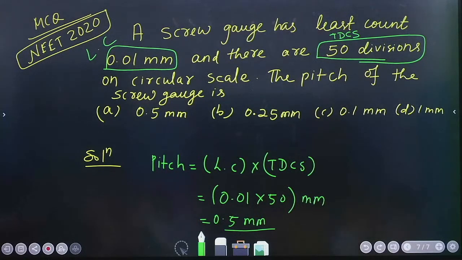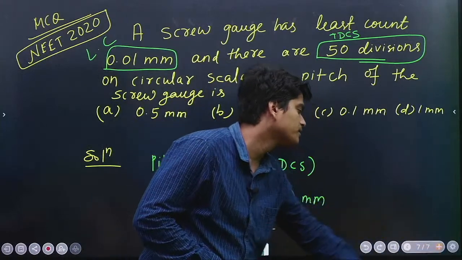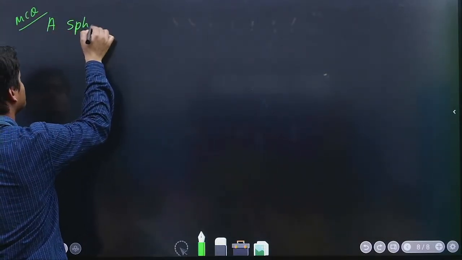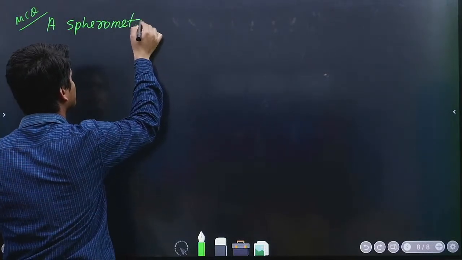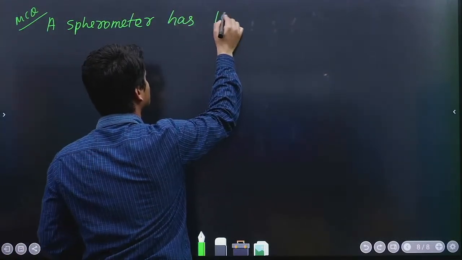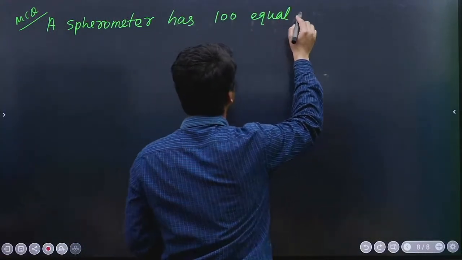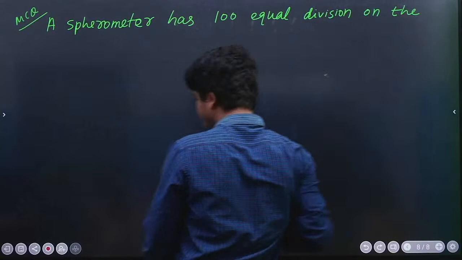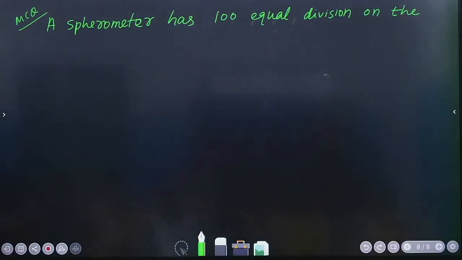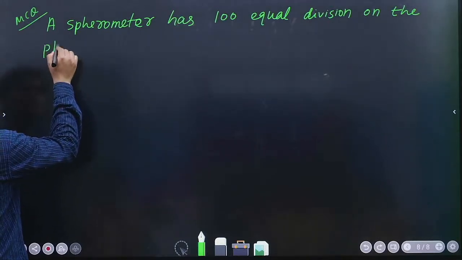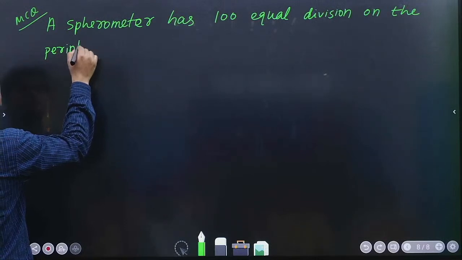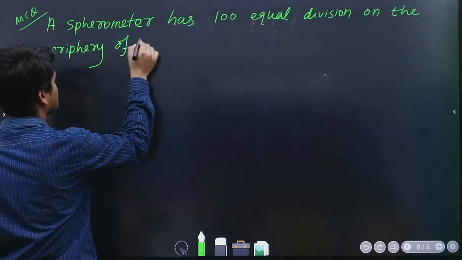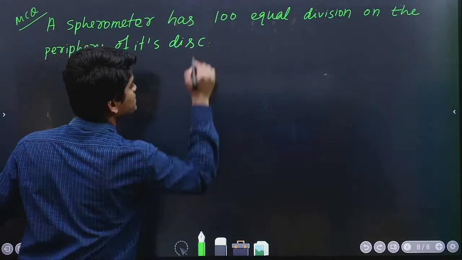Next question. A spherometer has 100 equal divisions on the periphery of its disk.